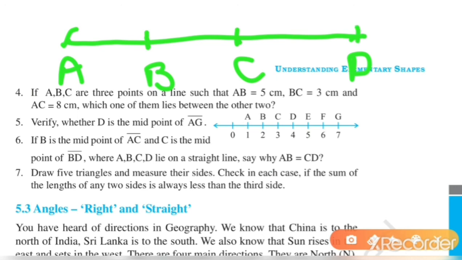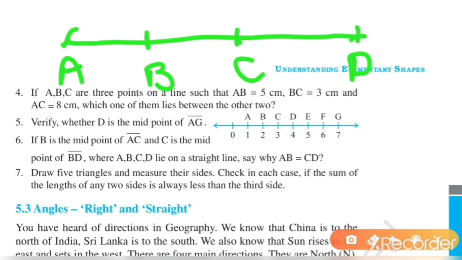Where ABCD lies on a straight line, say why AB equals to CD. AB equals to BC and BC equals to CD. So that's why AB is equals to CD.